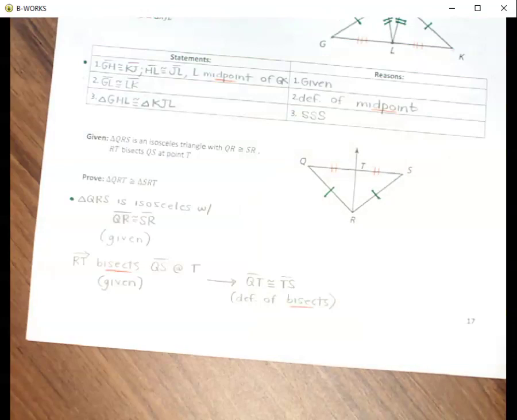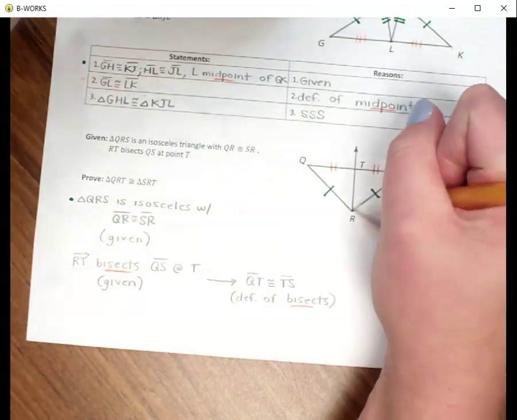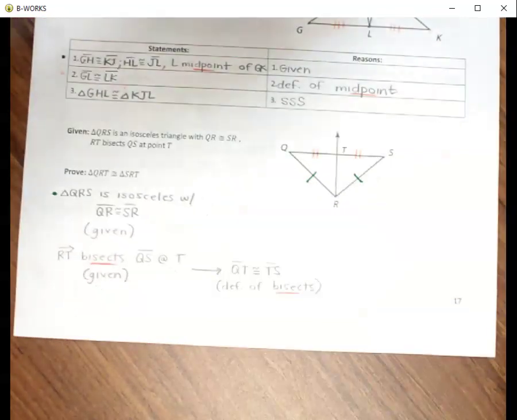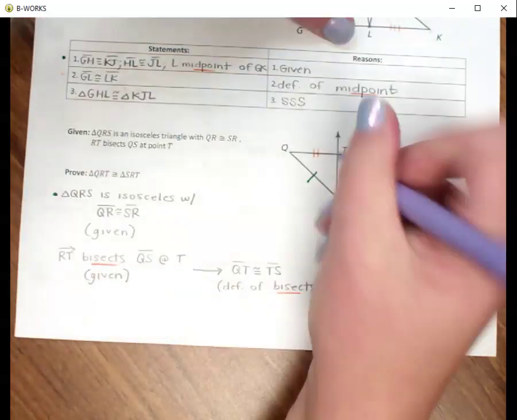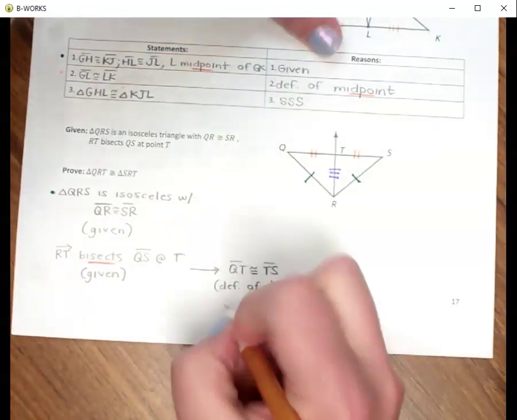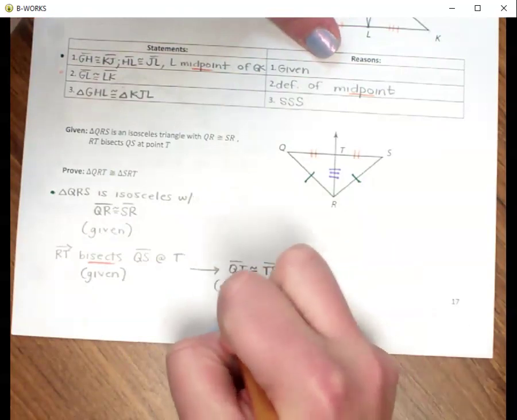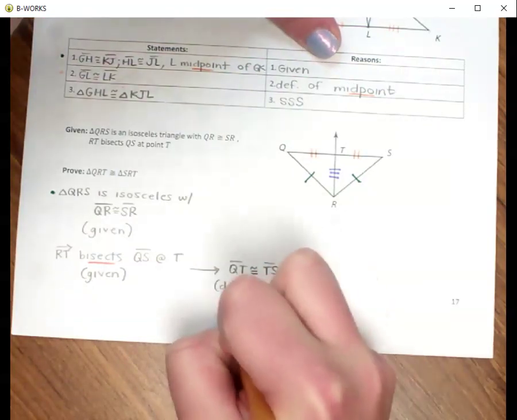My last piece of information, I'm going to have to pull from my picture. If triangles share a side, that's when we use the reflexive property. Since these triangles share TR, we say TR is congruent to TR.